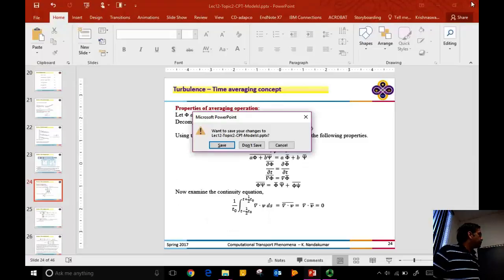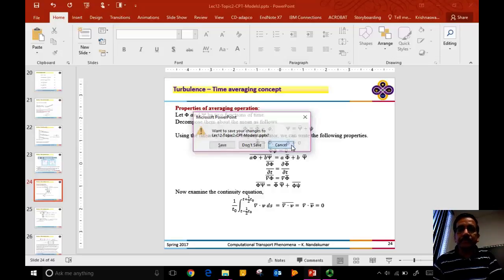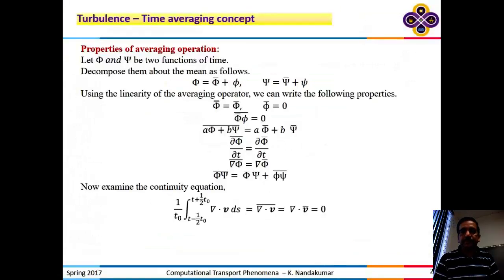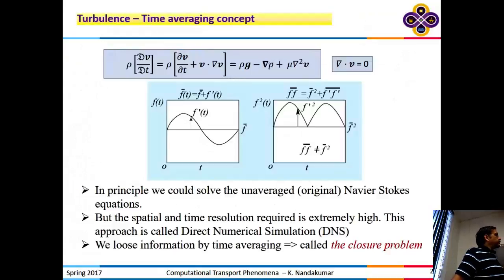Why does this go to 0? Because of the integral of the... Let me go back to this. Do you see this part? This is the fluctuating part.